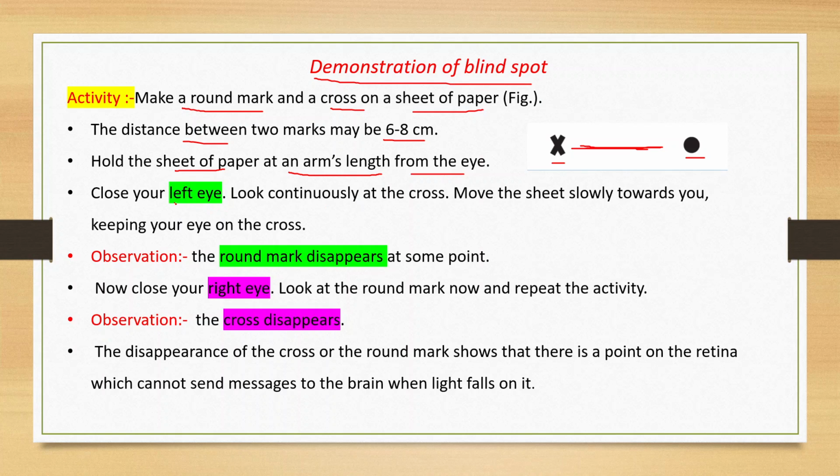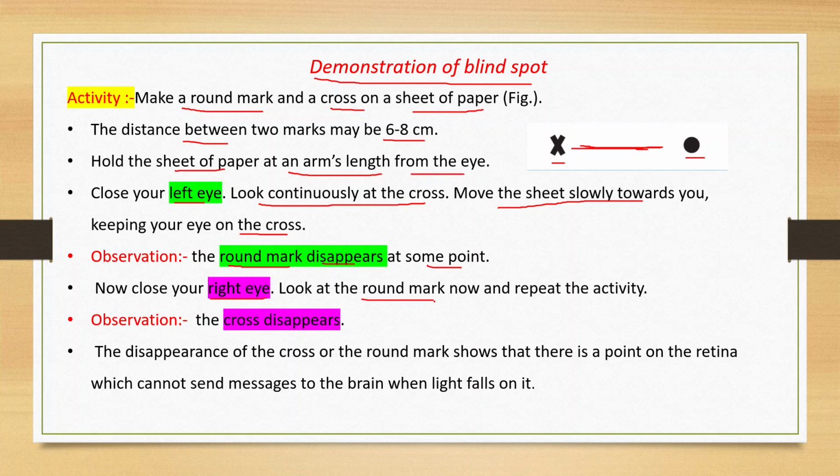Now close your left eye. Look continuously at the cross. Left eye बंद करके cross को देखना continuously. Move the sheet slowly towards you, keeping your eye on the cross. Now what do you observe? The round mark disappears at some point. Okay. Now close your right eye.